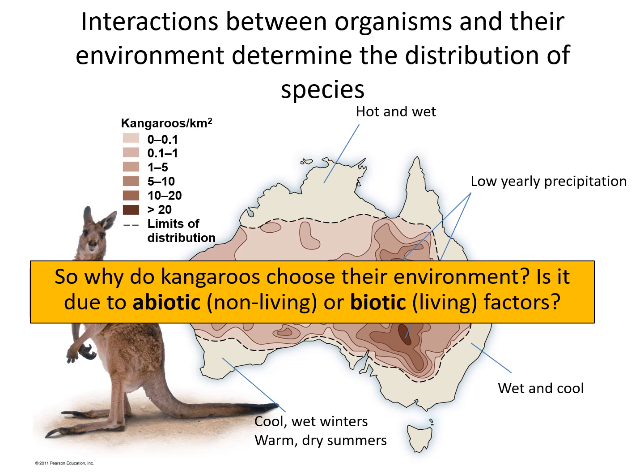So kangaroos, like all organisms, are sensitive to abiotic factors and biotic factors, living factors. And those biotic factors are also, of course, affected by climate. Kangaroos want to be where their food is, and their food, the plants they eat, have requirements when it comes to the amount of precipitation and the temperature.